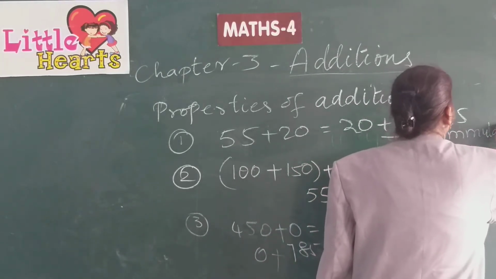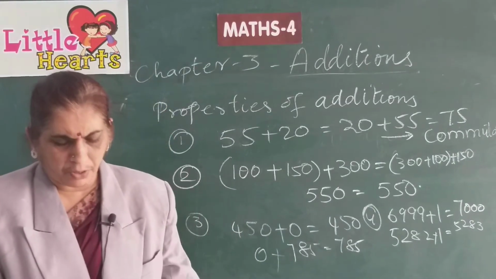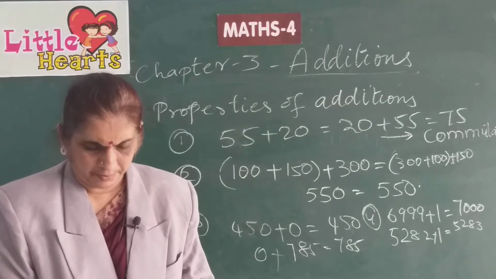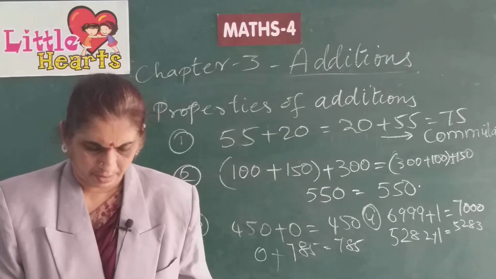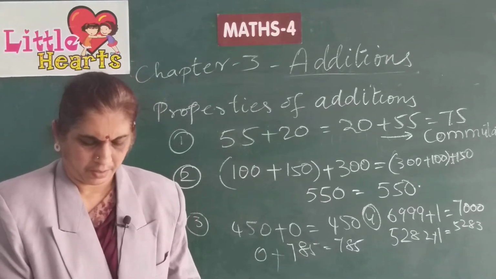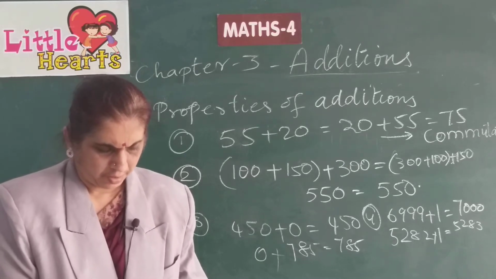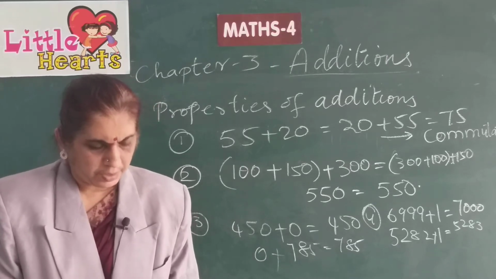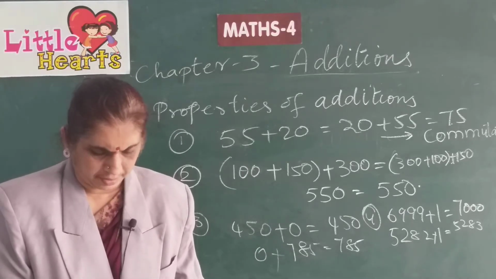When 0 is added to any number, or any number is added to 0, 0 is called the additive identity.